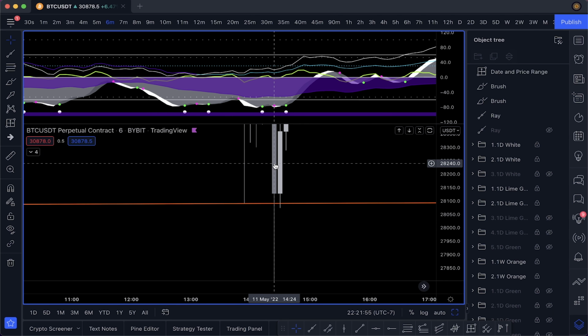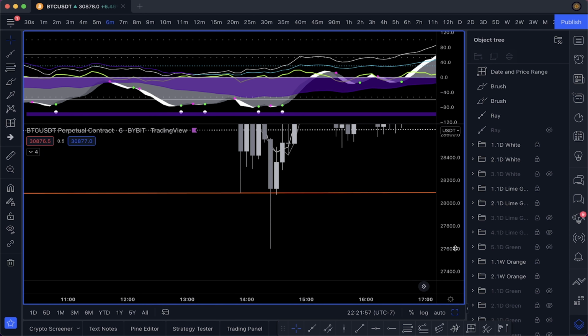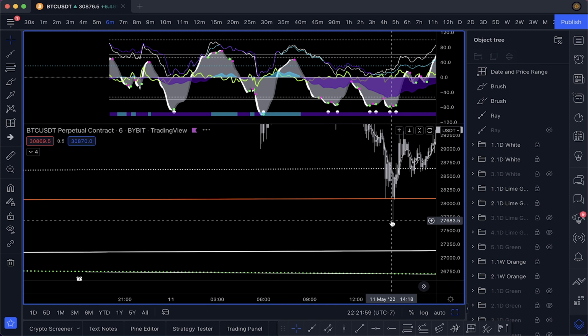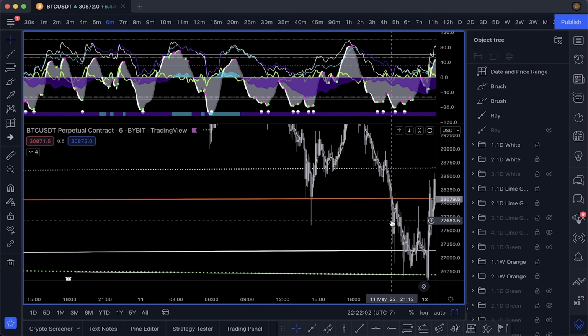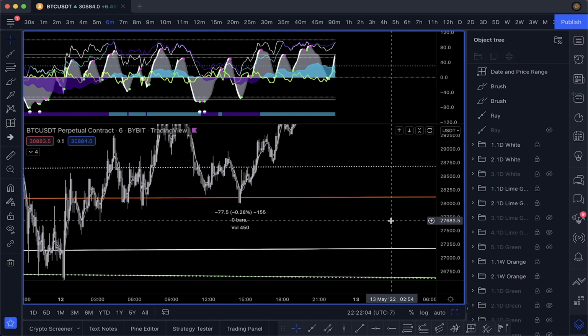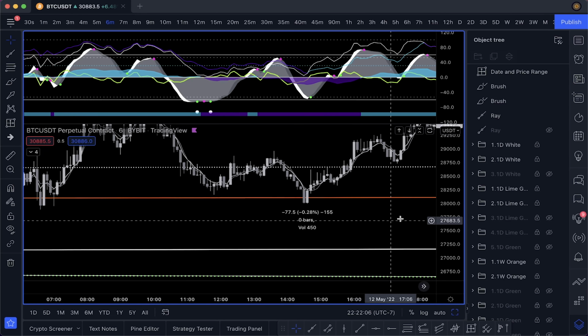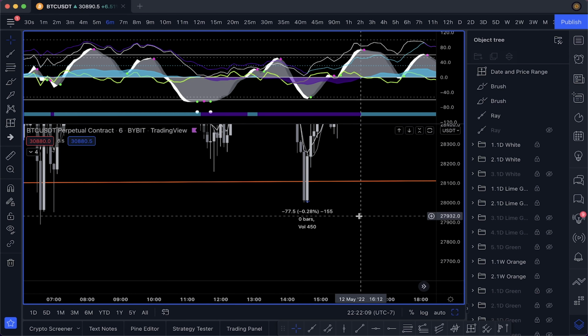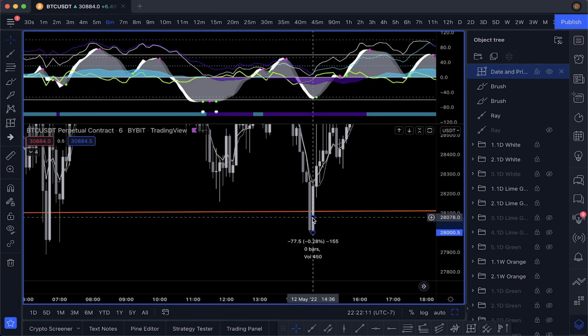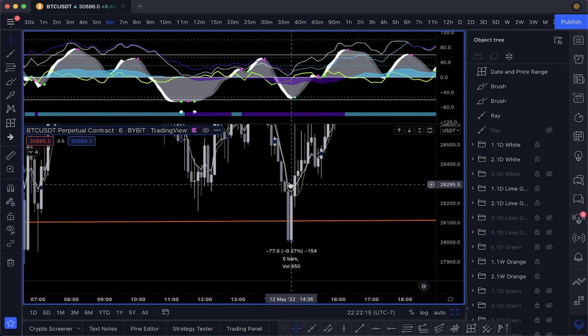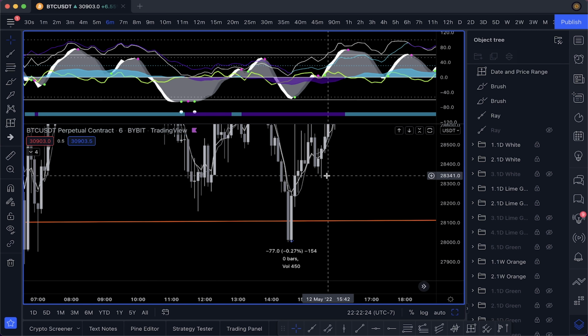That's it. Okay. If we had the momentum coming up on 6 minute, what was it here? Wait, was it here? There you go. Sorry about that, guys. So you would have entered there. Little drawdown. 6 minute momentum would have entered you here.